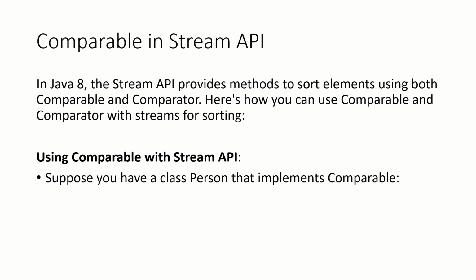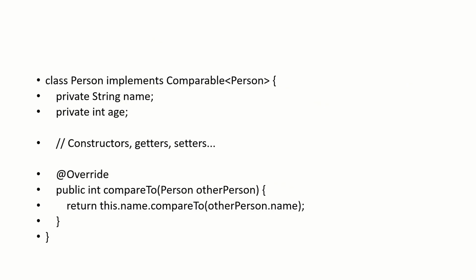Using comparable with the Stream API, suppose you have a class person that implements comparable, like the example we already discussed previously. It has two attributes, name and age, and when it is implementing comparable, it has to override the compareTo method, and it is comparing based upon the name.